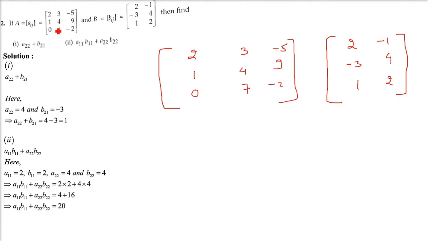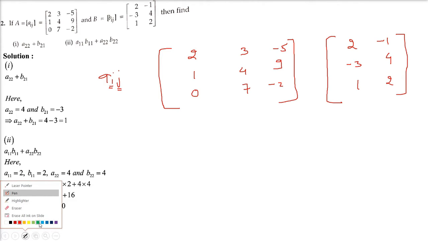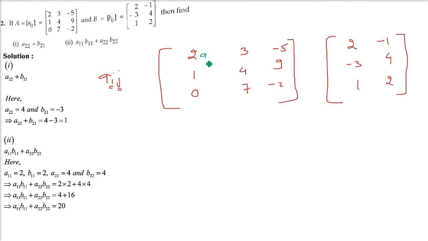Whenever we represent Aij, i is the row number, j is the column number, right? So let me number it. This is first row, first column, 1, 1. There are 3 rows, numbered 1, 2, 3, and 1, 2, 3 are the columns.